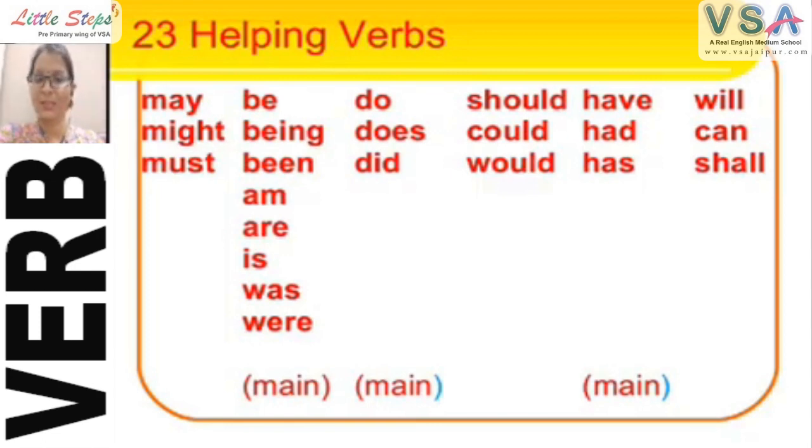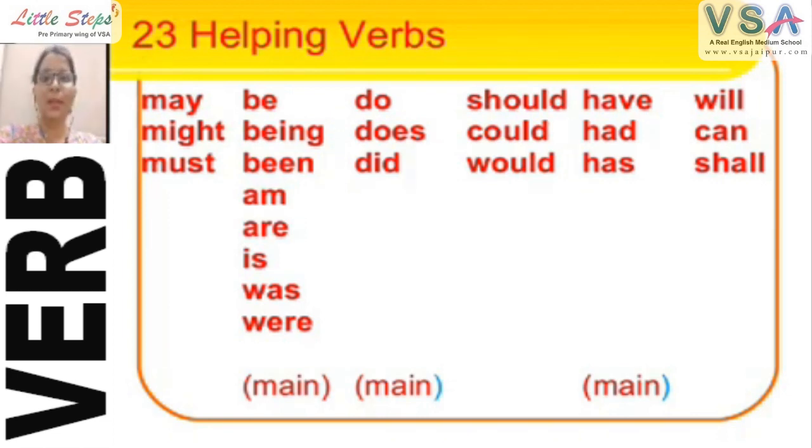May, might, must. These verbs are also called the modals. Okay, be, being, been, am, is, are, was, were, do, does, did, should, could, would, will, can, and shall. Should, could, would, will, can, and shall, may, might, must. These 9 verbs are called modal auxiliaries or modals. Modals also included in the helping verb, right?